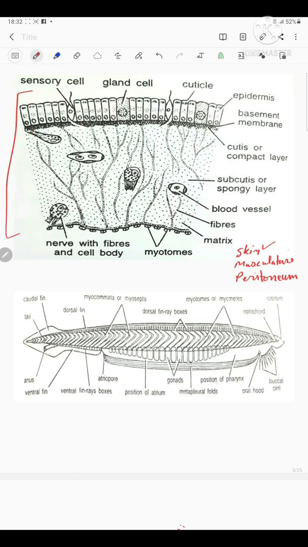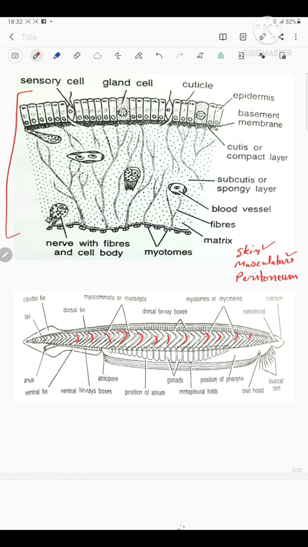A well developed musculature, that is the V shaped muscular bands throughout the body, it is the musculature. And third one, that is the peritoneum. It is known as parietal peritoneum, which encloses the coelomic cavity. First, we discuss the skin.